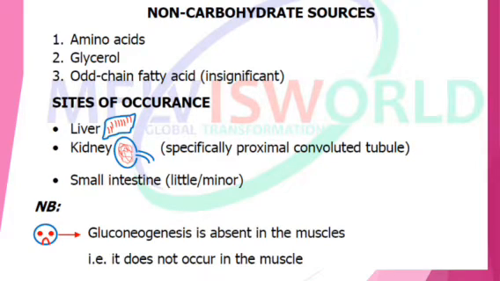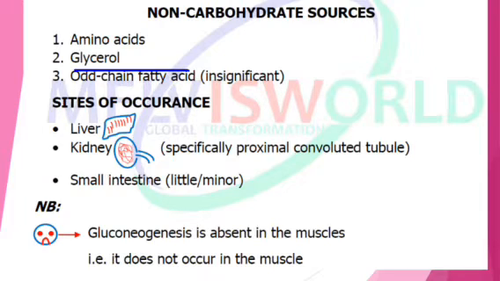Now, what are these common sources of glucose aside from carbohydrate sources? You have, one, amino acids, specifically gluconeogenic amino acids. Then glycerol. We know that fat is made up of a glycerol head and fatty acid chains, so the glycerol head can be channeled into the gluconeogenic pathway.